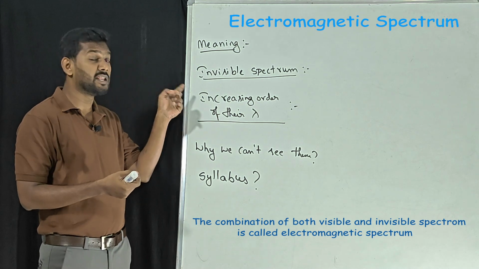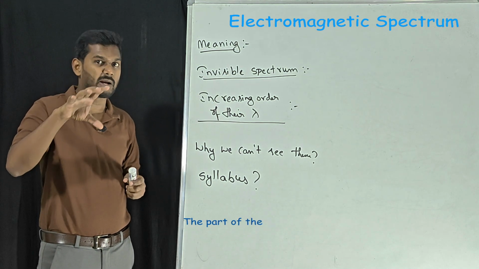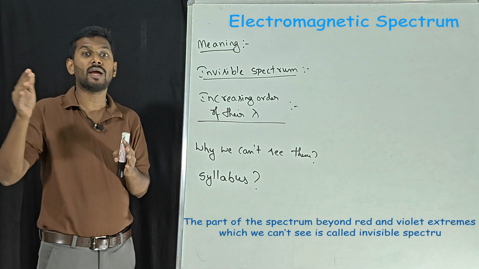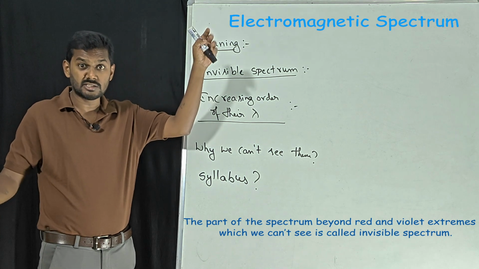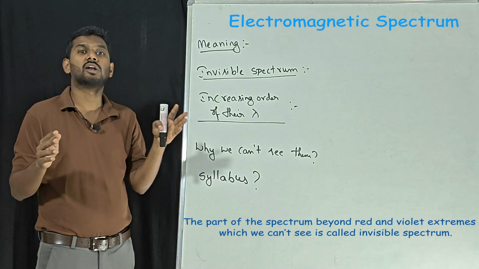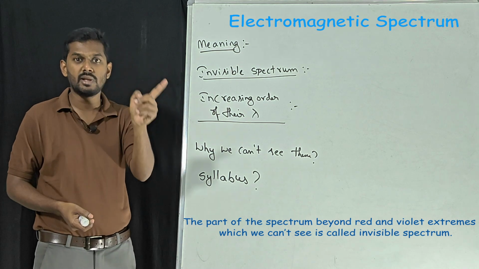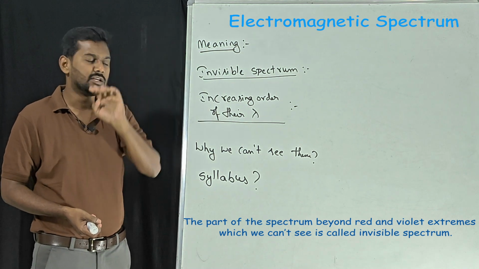And invisible spectrum, what is invisible spectrum? The part of the spectrum which is beyond the red and violet extremes. So after red and violet, there are many radiations which we cannot see. Those are called invisible spectrum. So the combination of both visible and invisible spectrum is called electromagnetic spectrum.